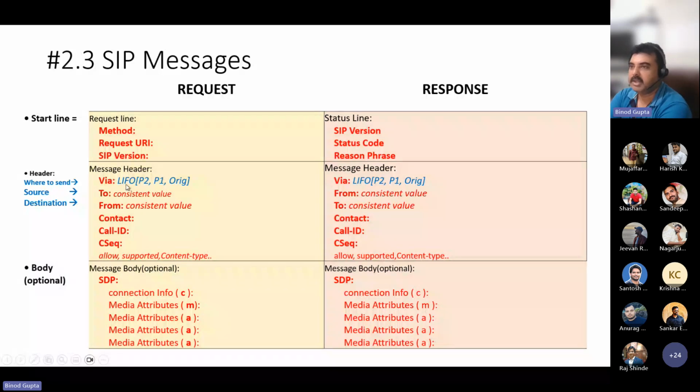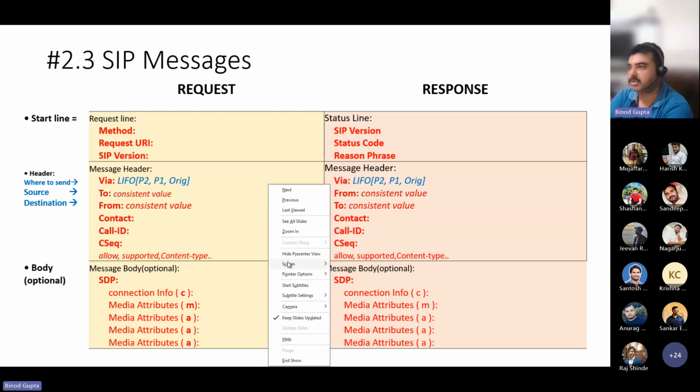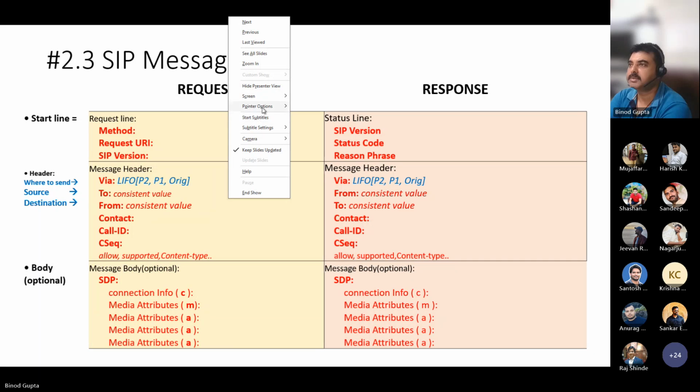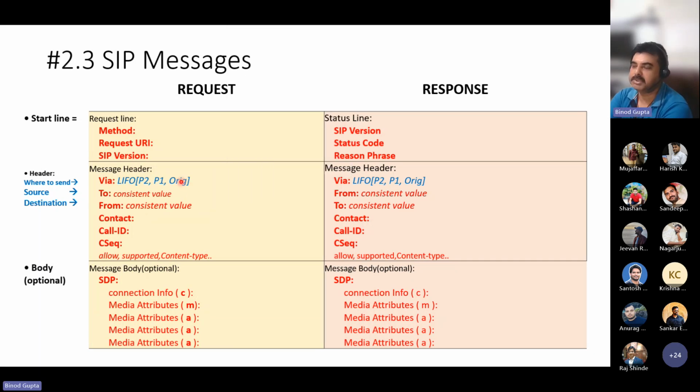And the Via header is hop by hop; every device will add its information. If you can see here, you should start reading it from right to left, because the first entry was added as the origin, the requester, then it went to proxy one, so it was added on top of it, and then it was P2, which was added on top. So it's LIFO, last in, first out.